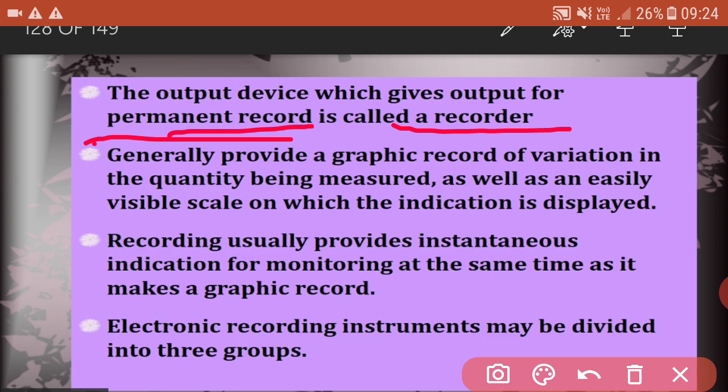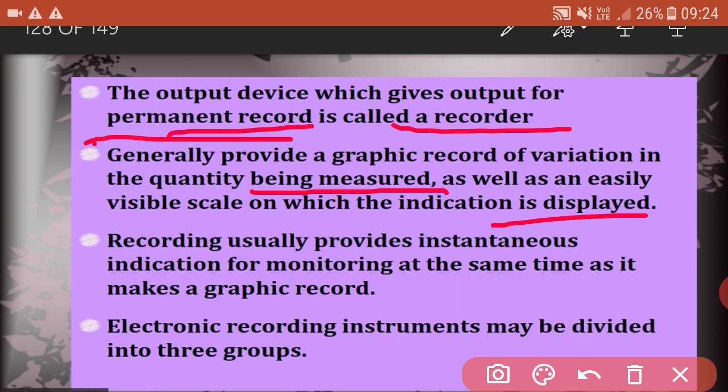see this record. Generally a recorder provides a graphic record of variation in the quantity being measured, as well as an easily visible scale on which the indication is displayed.